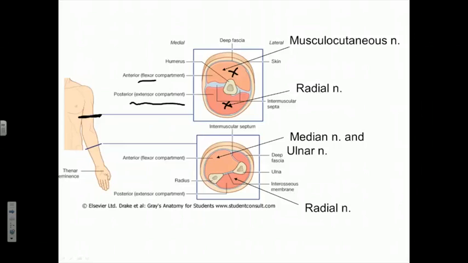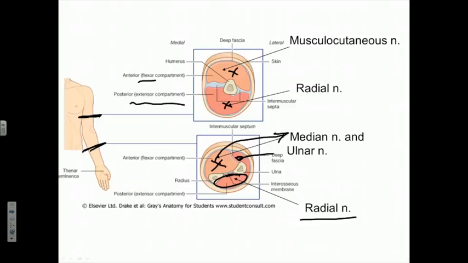Then things get a little more complicated down in the forearm because we saw that the major innervator of flexor forearm muscles was the median nerve, with the ulnar nerve playing a relatively minor role. But then all of the muscles in the posterior aspect of the forearm will be dutifully innervated by the radial nerve.